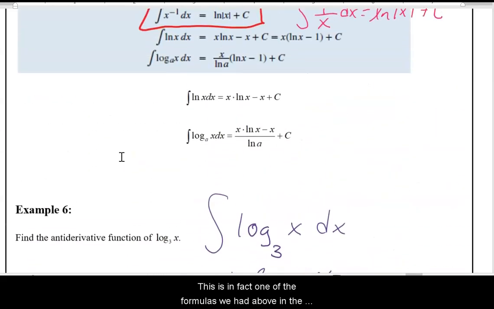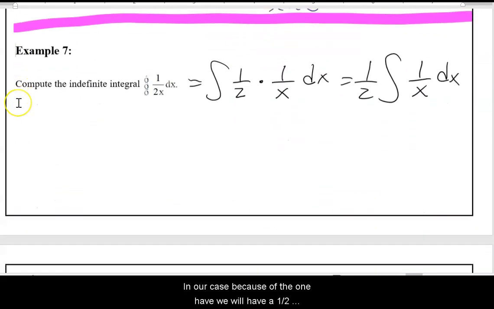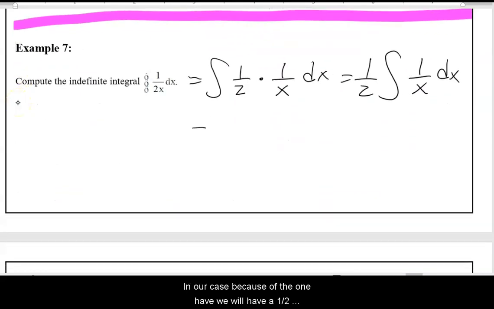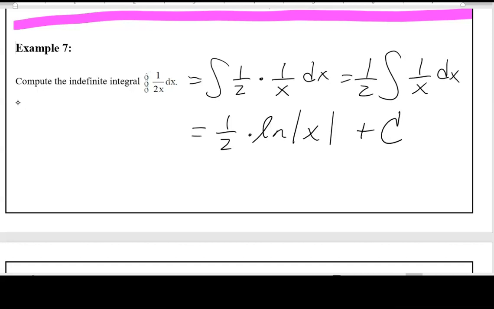This is, in fact, one of the formulas we had above in the revised form that I wrote here in pink. This is the natural log of the absolute value of x plus a constant. In our case, because of the 1/2, we will have a 1/2 factor multiplied by the natural log of the absolute value of x plus a constant.